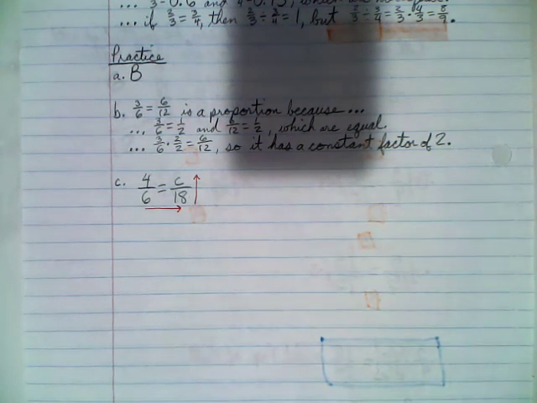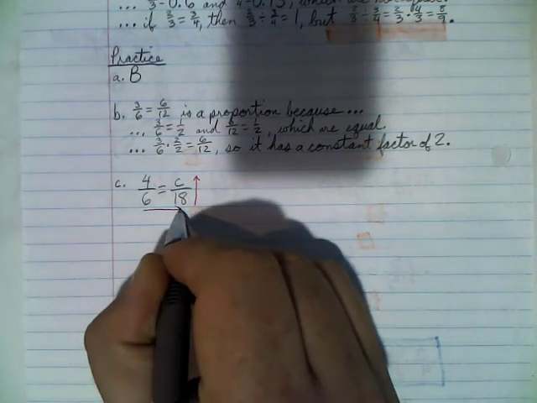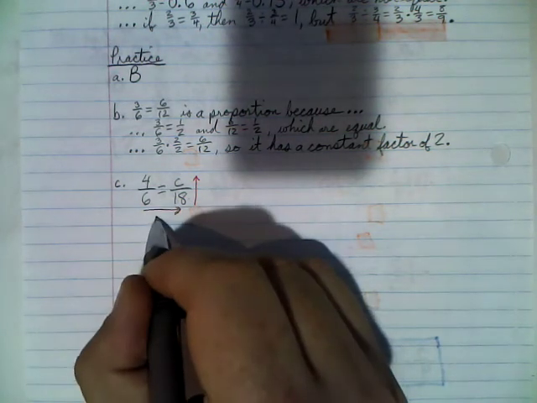Since it's in the upper right, you either want to move to the right or move up. So which one of these is easy to identify? Hopefully you've seen here that it's moving to the right. That's easy to identify because 6 times 3 is 18.